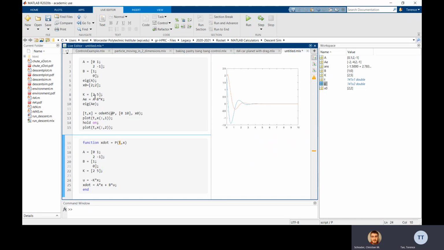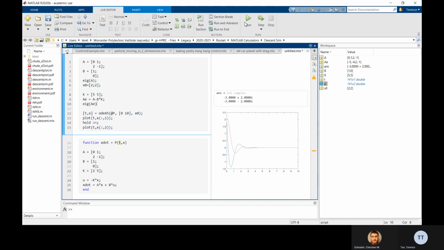Do you want to see how changing k affects it? Sure. Let's test something else. 5 and 5. Oh wait, no. I need to open this. Okay, we can try 5 and 5.